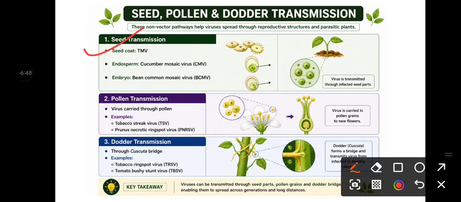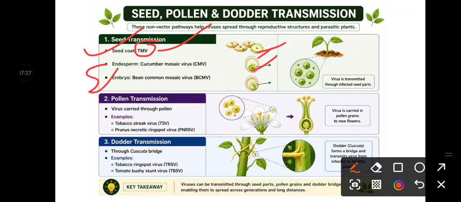For that, the virus must be present inside the seed, either in the endosperm or in the embryo. In a seed, three major parts are there: the seed coat, the endosperm and the embryo. TMV is generally transmitted outside the seed on the seed coat only, which is just mechanical transmission. The virus does not enter the seed tissue.